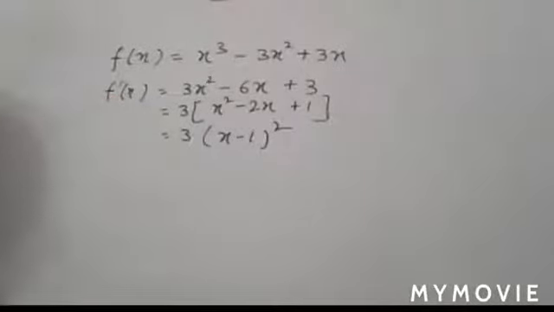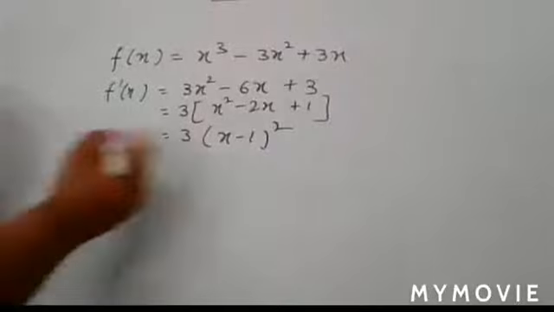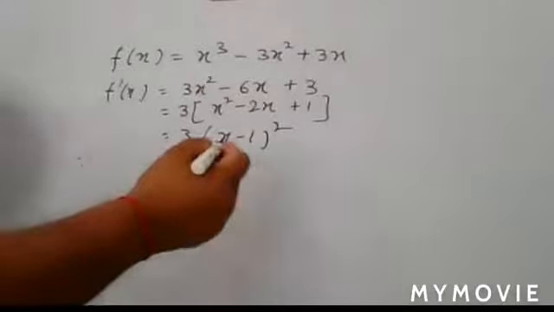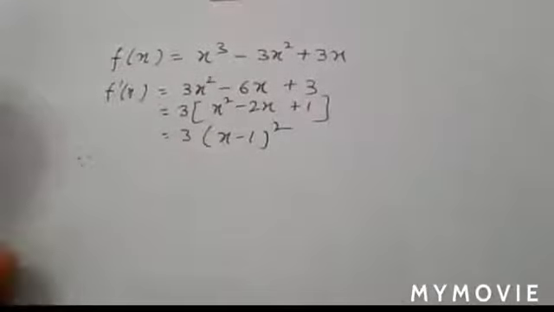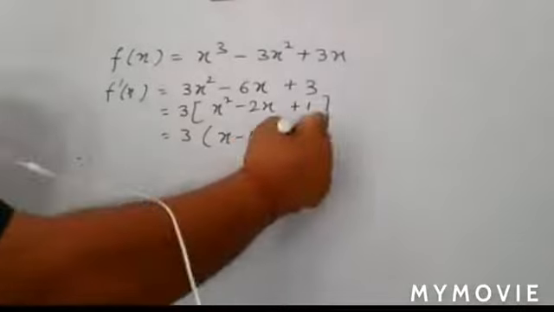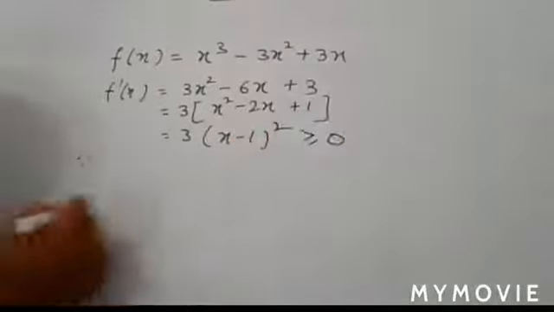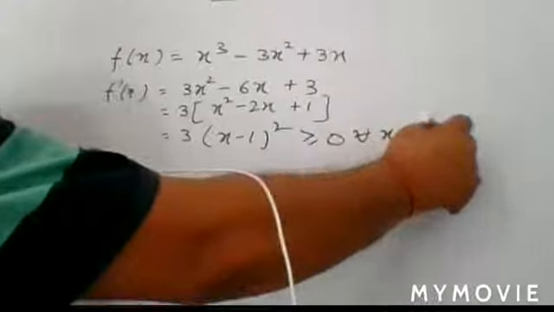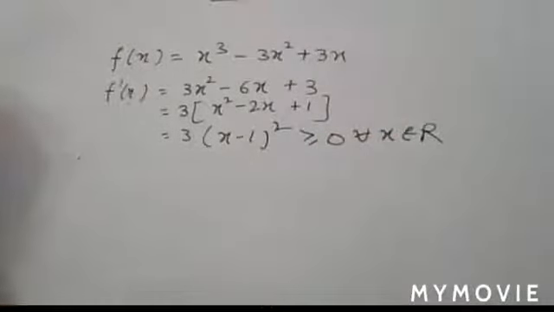So you can say that f(x) is a strictly increasing function. You write in this way. Since here you have a perfect square, the complete quantity is greater or equal to 0 for all x belongs to R. Understand?